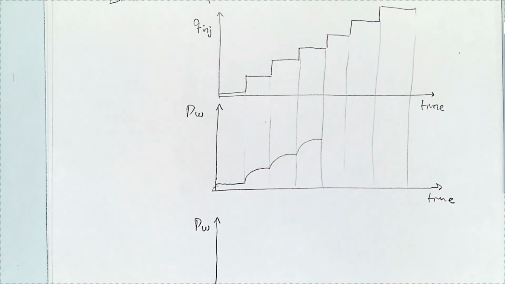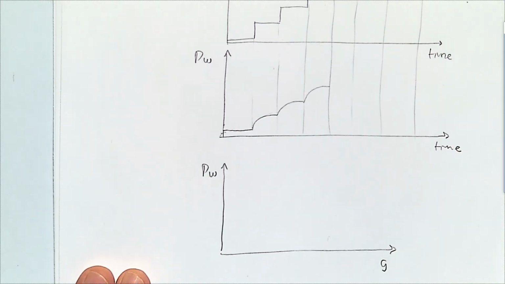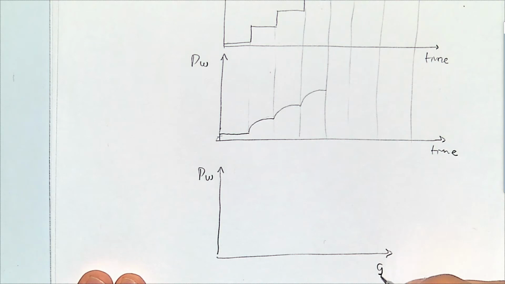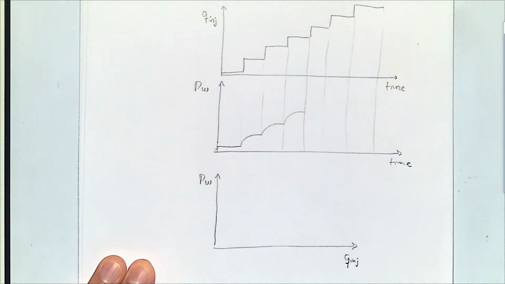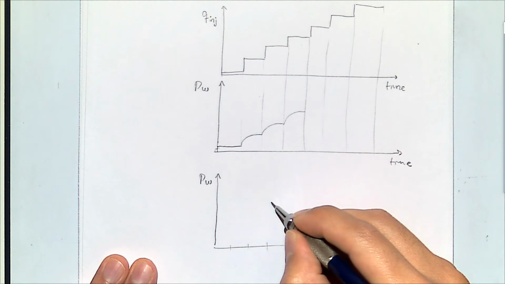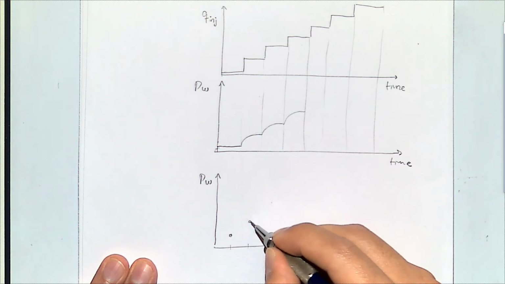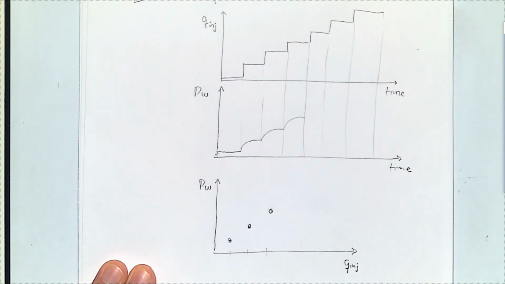So if I were to make another plot with pressure as a function of injection rate, what you would observe is that each time you increase your injection rate, say 1, 2, 3, your pressure increases and it's more or less aligned on the same trend.